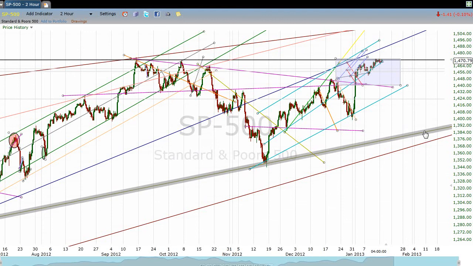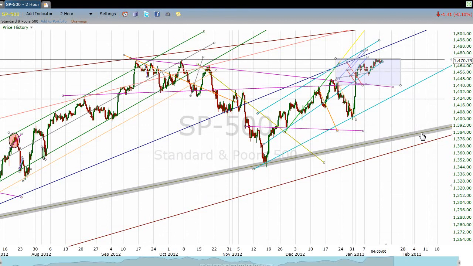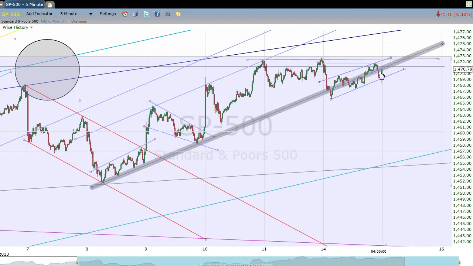I would know I was wrong, I think, if we get a break of this teal colored line right here. If this breaks, then I think we're likely heading back down to some lower levels, probably even in the 1390s or mid 1380s. So that's the video for today. Right now, again, short term, let's see if this plays out as a bear flag.